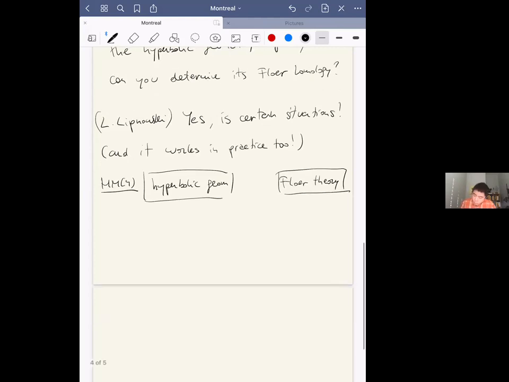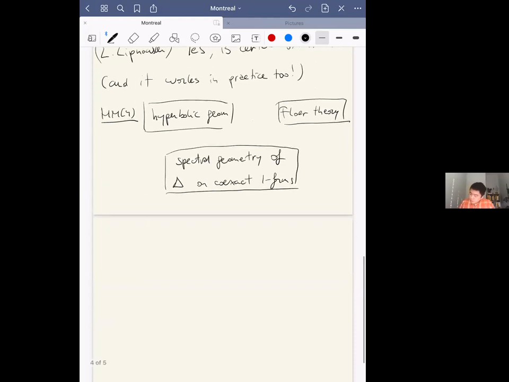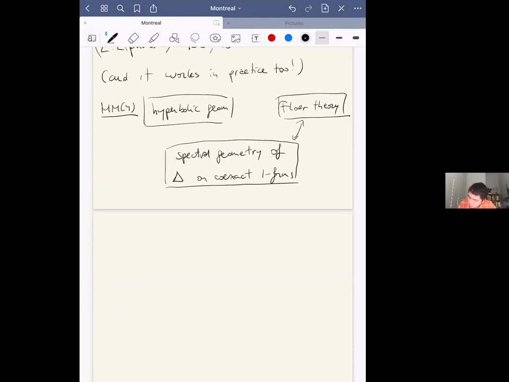But the way we found to relate the two is through the spectral geometry of the Laplacian on coexact one forms. So there's some relation here and there's some relation here, and using this as a stepping stone, we are able to go from one to the other.